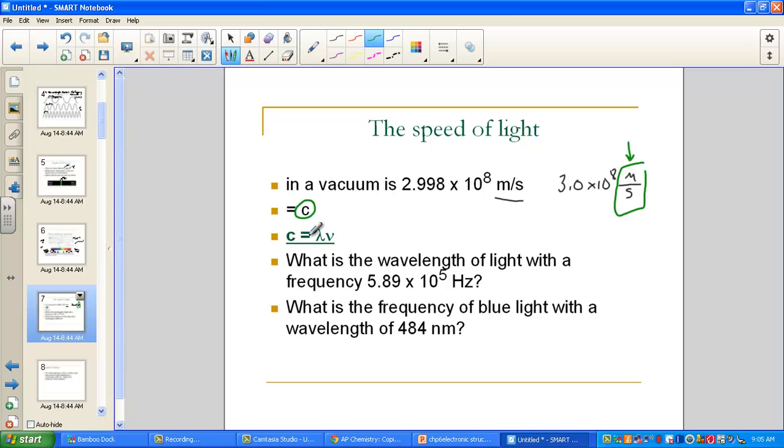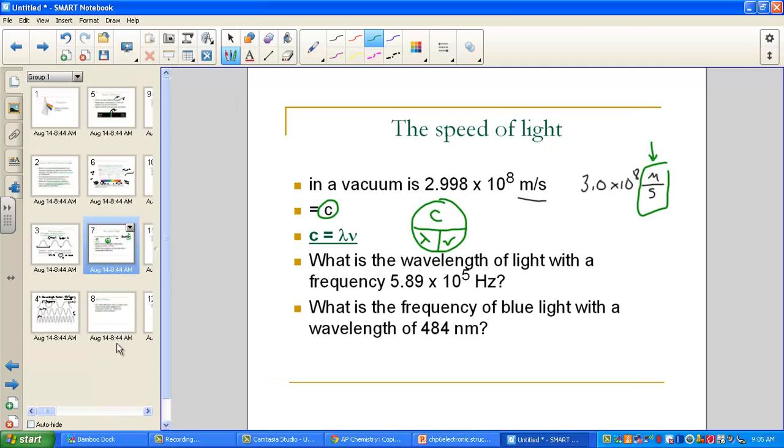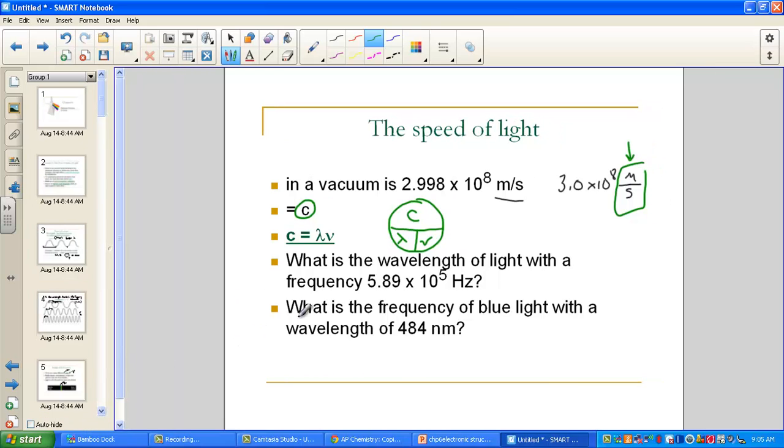And mathematically, the speed of light is equal to the wavelength multiplied by the frequency. The speed of light can be calculated by taking the wavelength and multiplying it by the frequency. c equals lambda times nu. Shall we try an example? Just a little algebra formula here, no big deal.